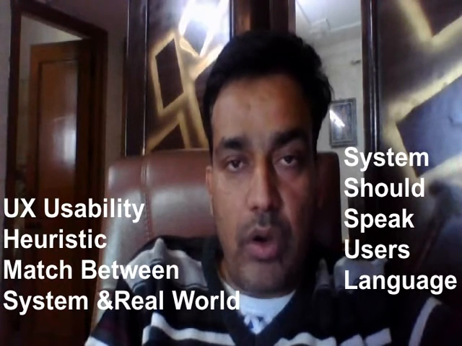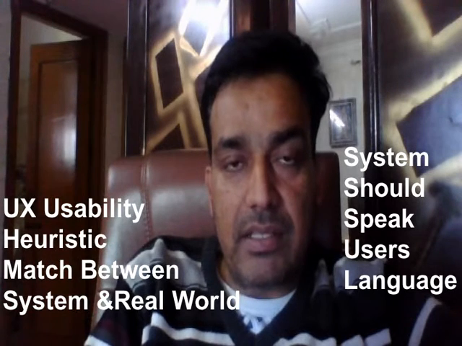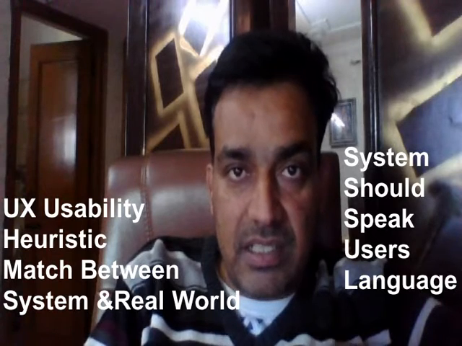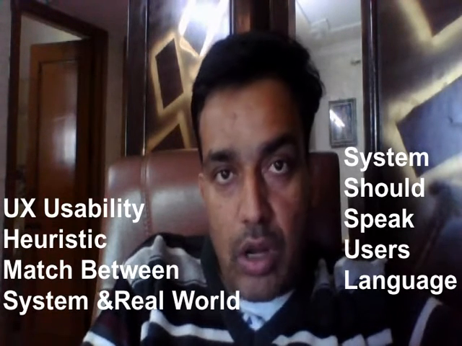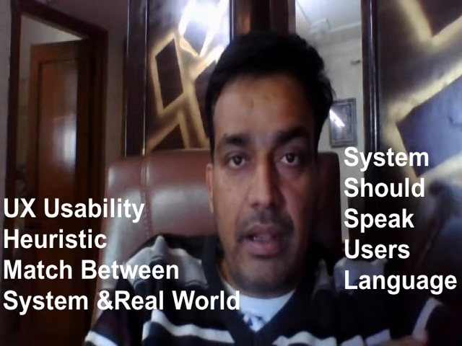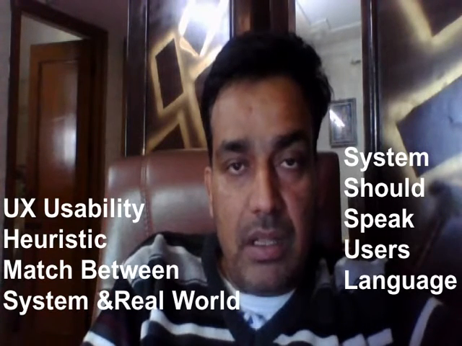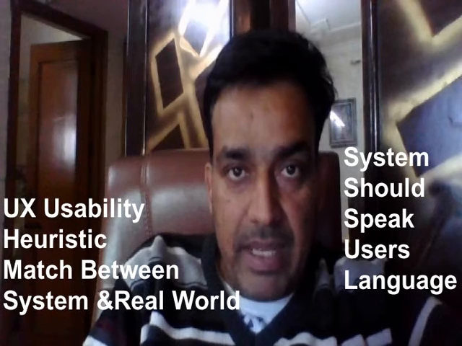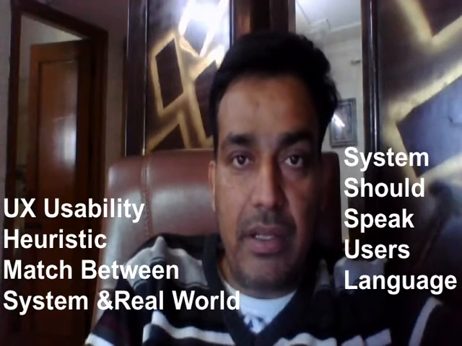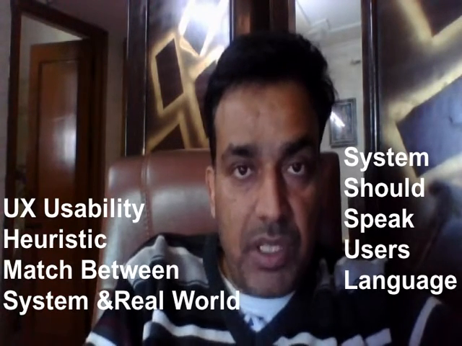So we should understand what the language of the user is. Whatever we put in the system, whether it is navigation, title, or success message, those messages should be written keeping in mind the language of the user, and how comfortable the user is with your messages. We have different options: for contact us, we can write meet. So all these things we need to check as per the user's convenience. This will be the first part.